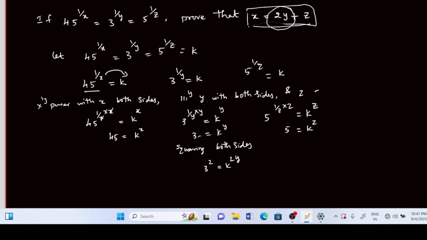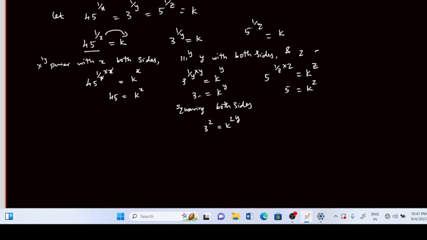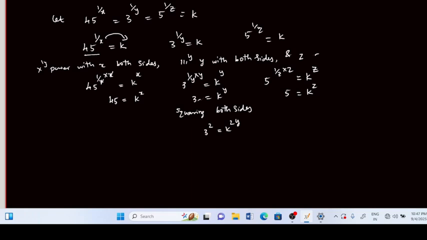Now we add x. x is what? 45. 45 we can write as 9 into 5. So what is 9? 9 is nothing but 3 square, into 5, where 3 square can be written as k power 2y, and 5 can be written as k power z.